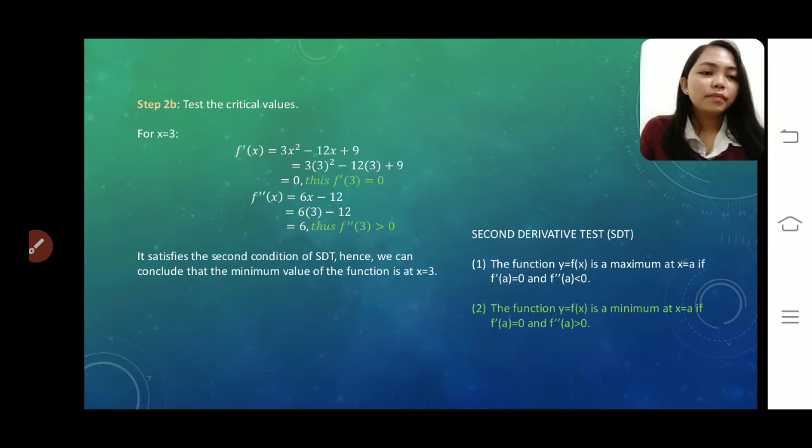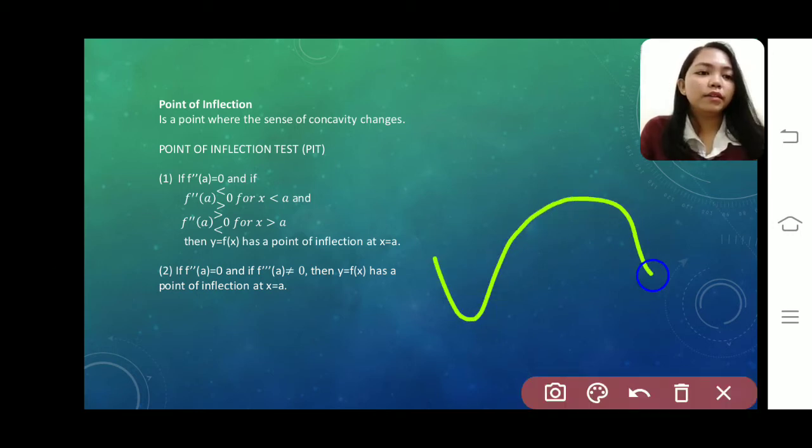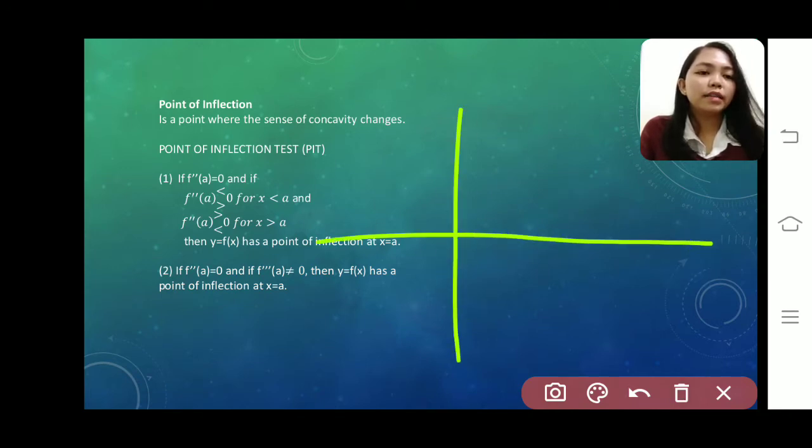So, our next topic is about point of inflection. So, yung tinatawag daw nating point of inflection is a point where the sense of concavity changes. Kung halimbawa, 'di ba, yung graph natin na ganito. So, let's say ito yung x and y axis natin.